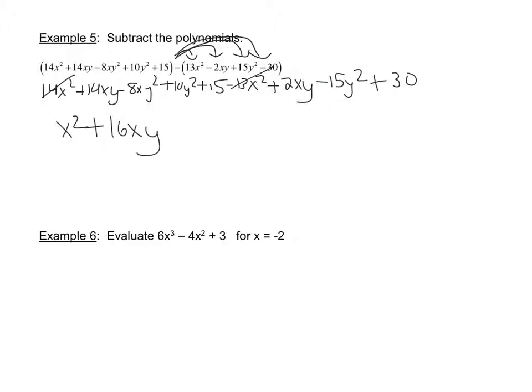Negative 8xy squared has nowhere else, so just bring it down. 10y squared minus 15y squared, negative 5y squared. 15 plus 30, 45.